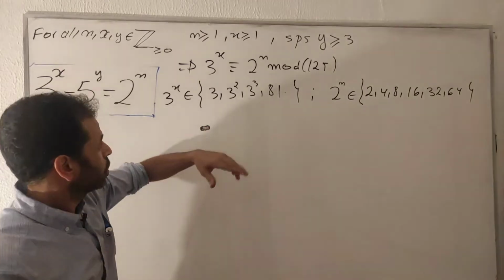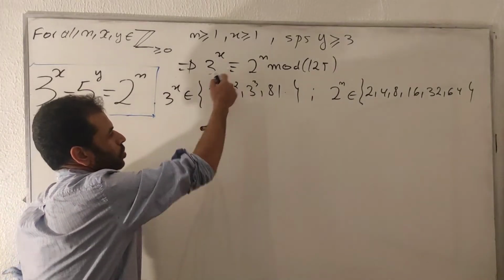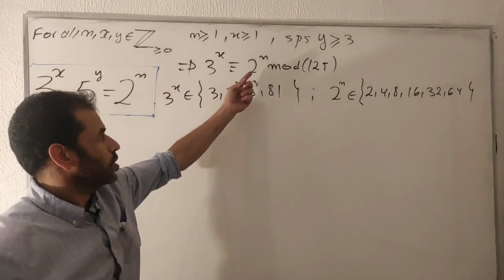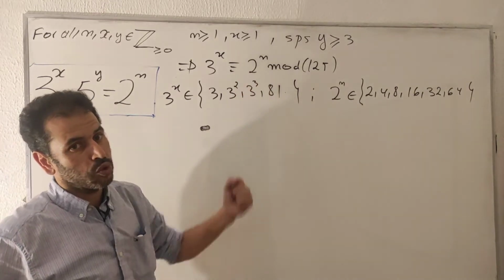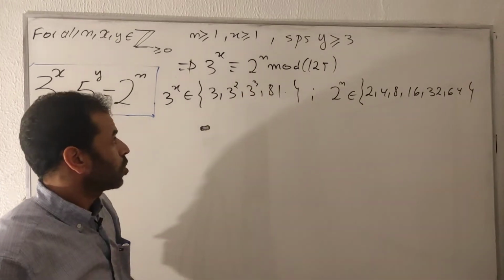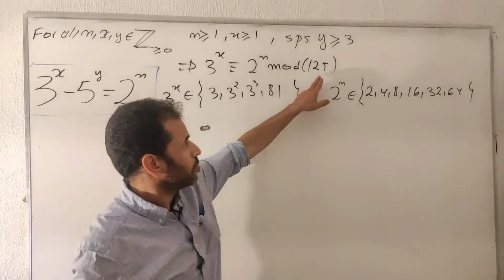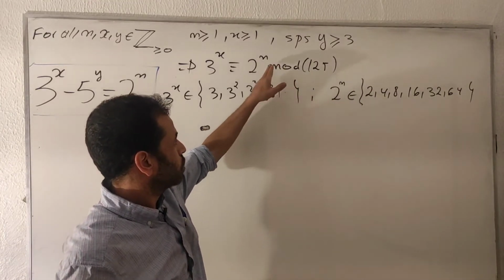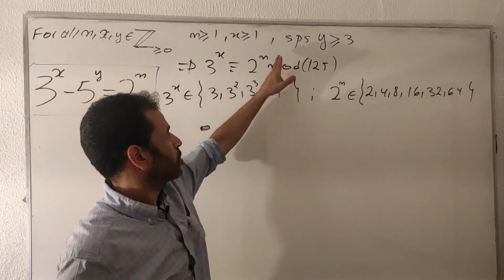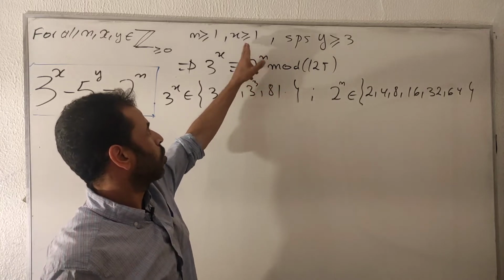Why am I doing this? We are going to use the residue modulo here. So instead of getting the positive remainders, I'm going to deal with the negative remainders. When you have a big modulus and you are using big remainders, we would have to calculate all the exponents.